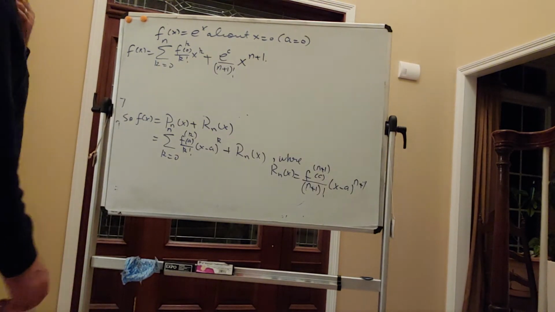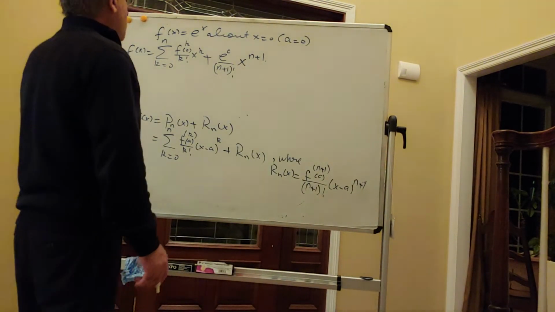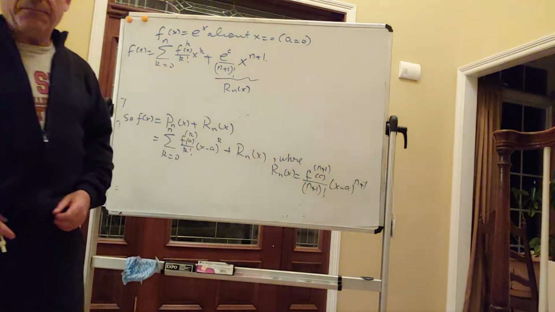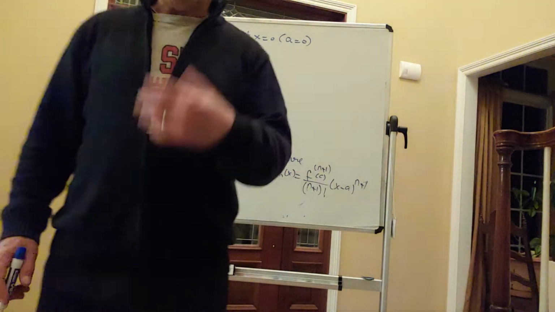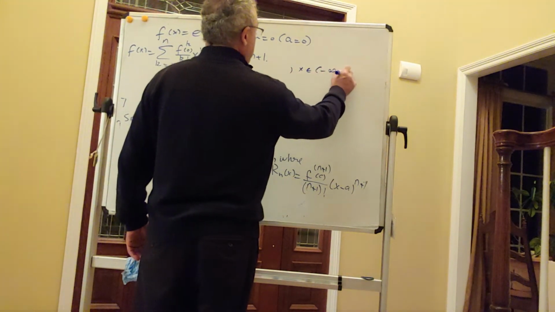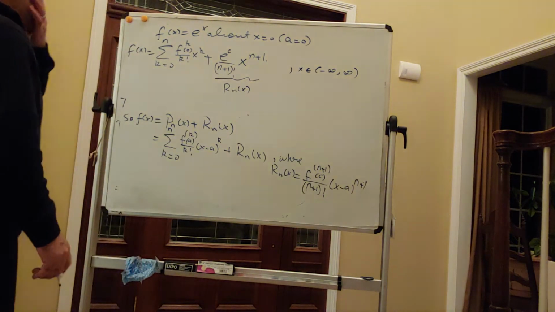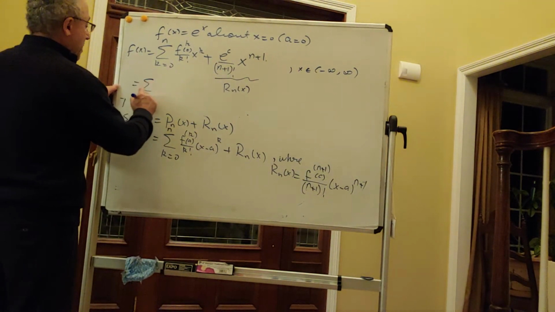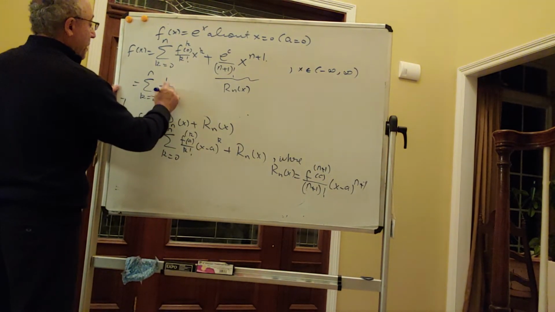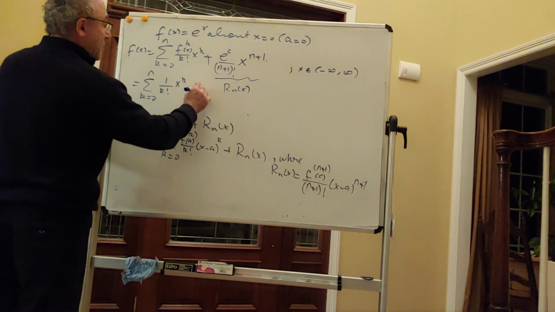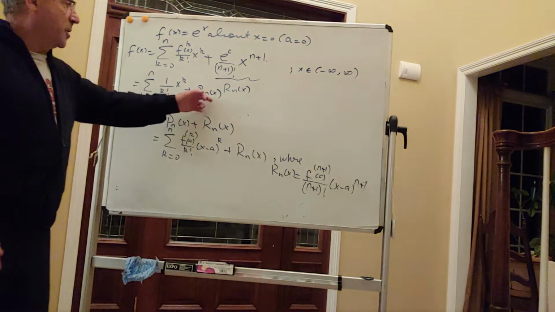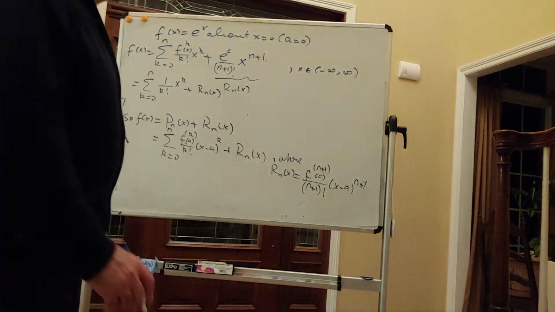So this is your R_n of x. Remember, x is fixed, so you fix x between minus infinity and infinity. We have already done this before: f^(k) of 0 is 1, over k factorial x^k, plus R_n of x. So we need to make sure that this limit goes to 0 for any fixed x.